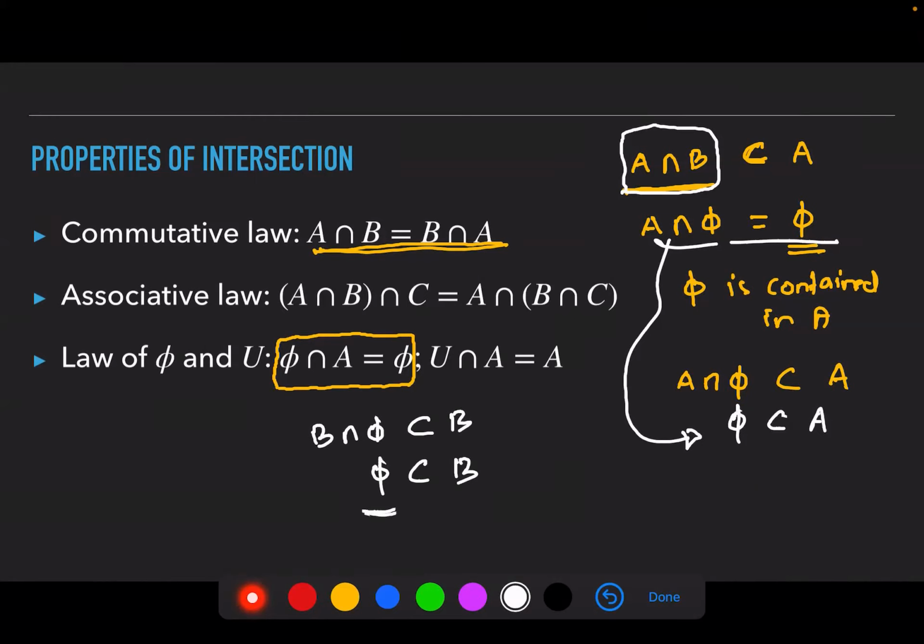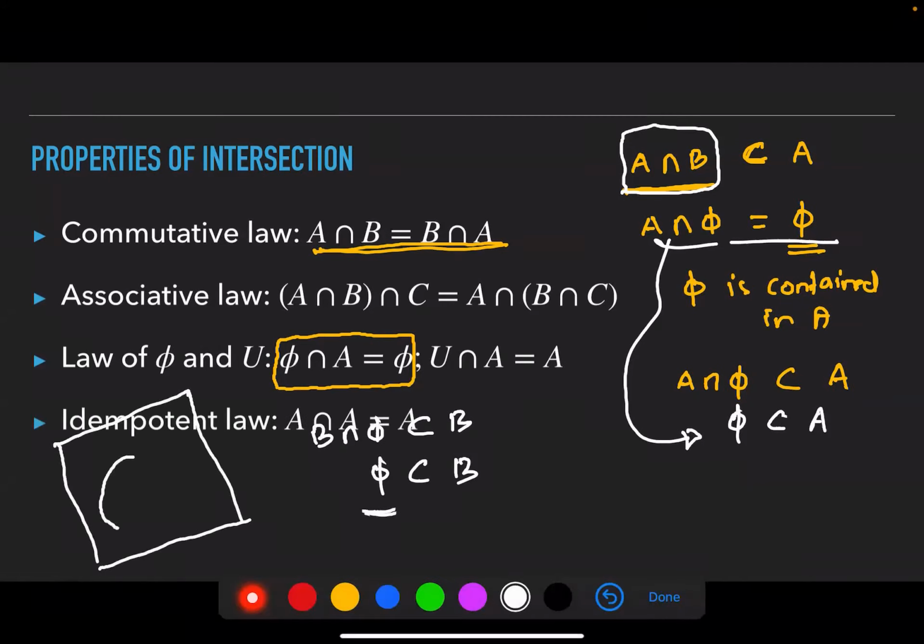Because this is important to understand. So can you show A intersection phi in a Venn diagram? When you really show, how can you show it in the Venn diagram? It is an empty set, right? So it is not possible to show in a Venn diagram. Well, okay, how do I answer your question? So let's say if I'm drawing a circle, the moment I draw a circle, I mean to say that there are certain elements in it, right?